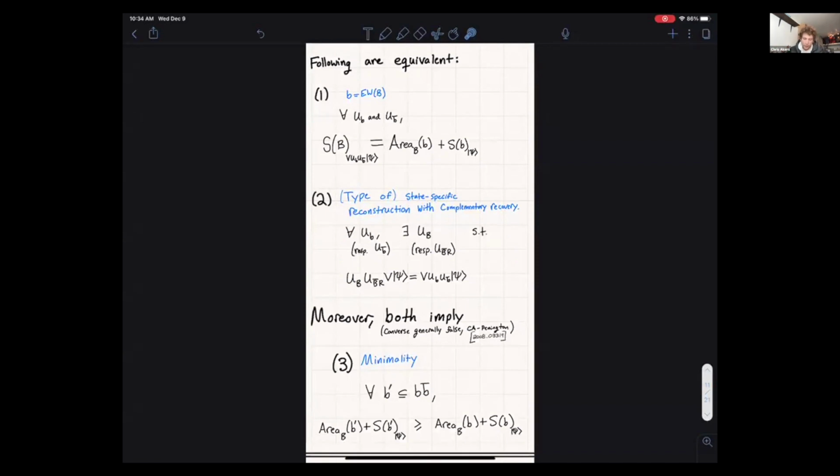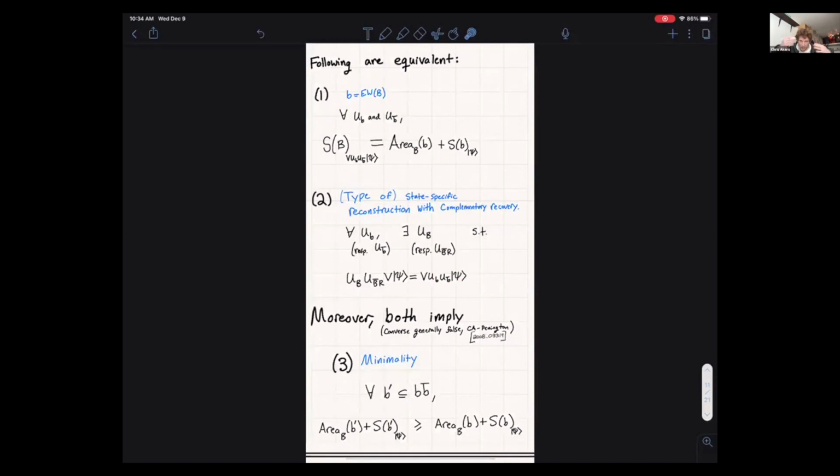And the same is true for u little b bar. There's a unitary acting on capital B bar union the reference that does the same job. That's the statement. This is a little bit like being able to do reconstruction of many different two-dimensional subspaces, right?